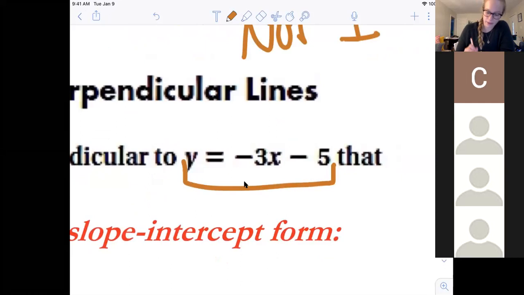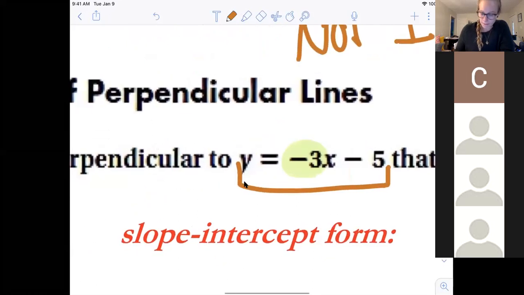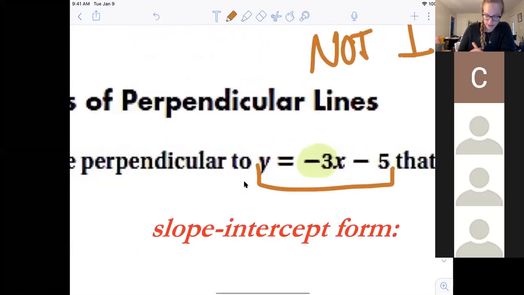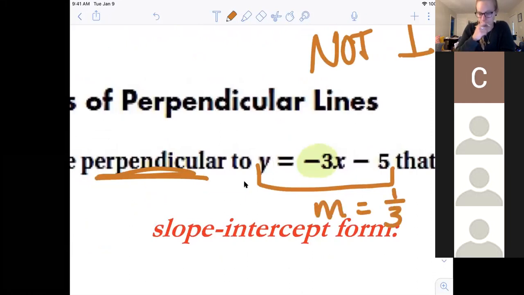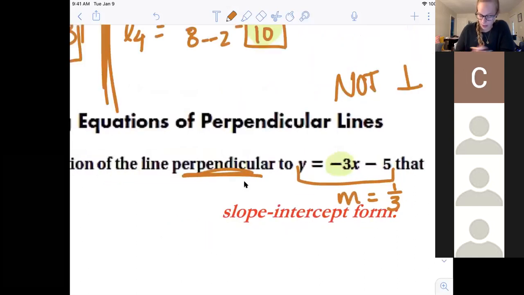Negative 3. Am I going to use that or am I going to do opposite reciprocal? Opposite reciprocal. Good. And what is the opposite reciprocal of this? 1/3. Awesome. Thank you. Lydia and Nolan tag team that one. m is equal to 1/3.